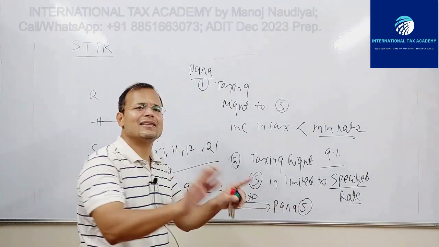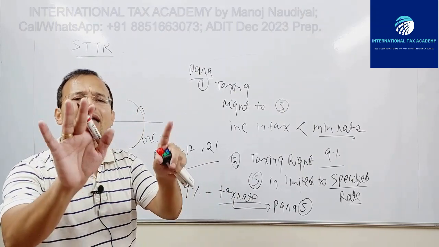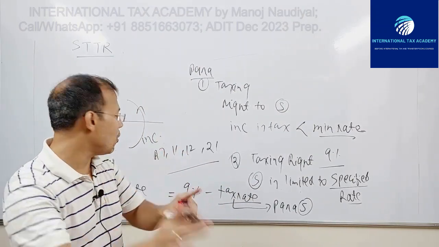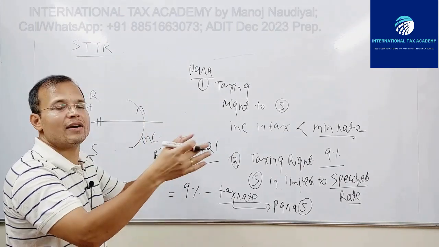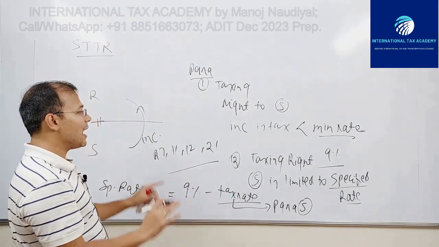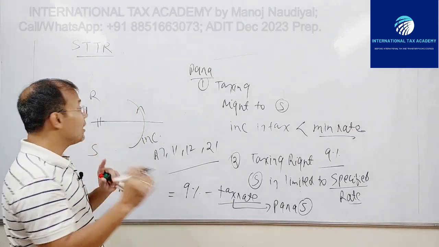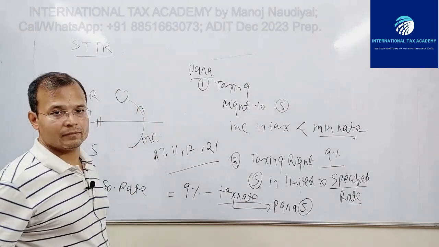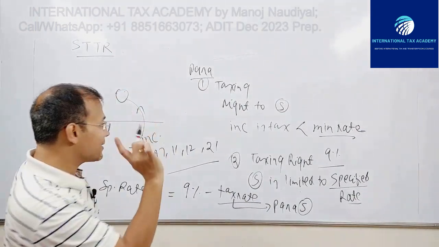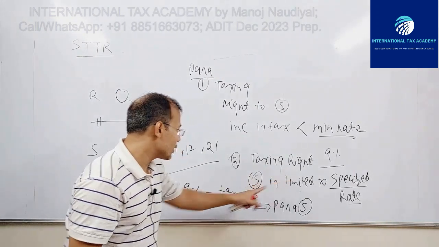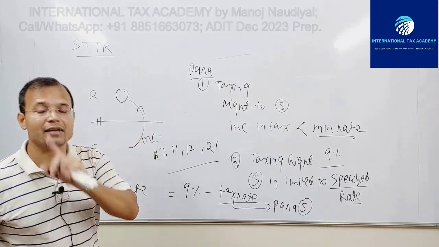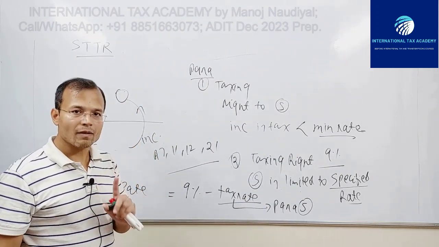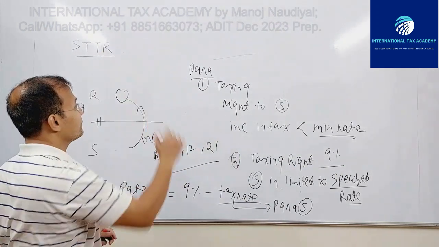And this tax rate is nothing but the statutory tax rate which is applicable on this item of income, interest or royalty or whatever income it is, in our country. So the taxing right given to S is limited to this rate, 9% minus the tax rate, that is the statutory tax rate. Fine. Paragraph number 3.